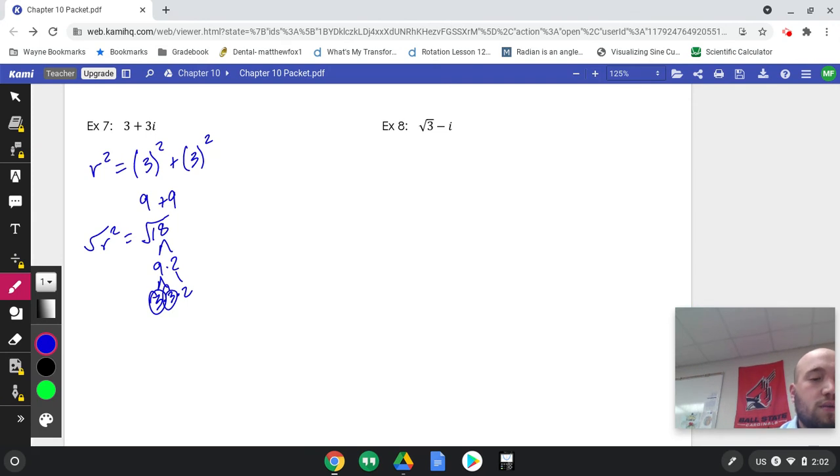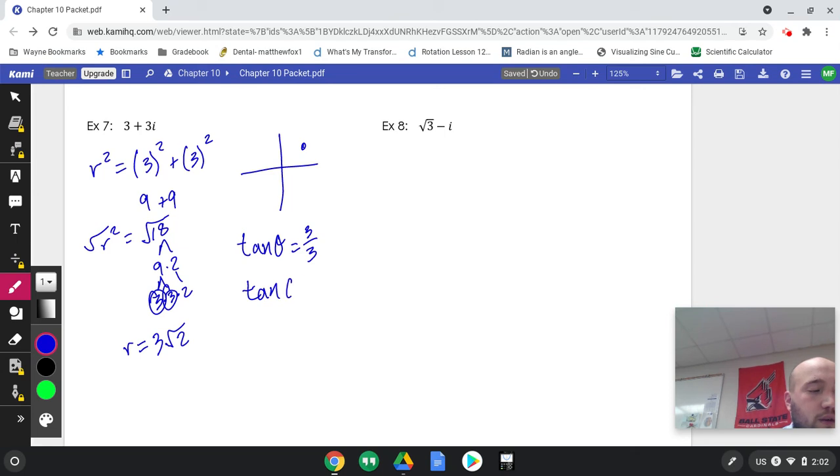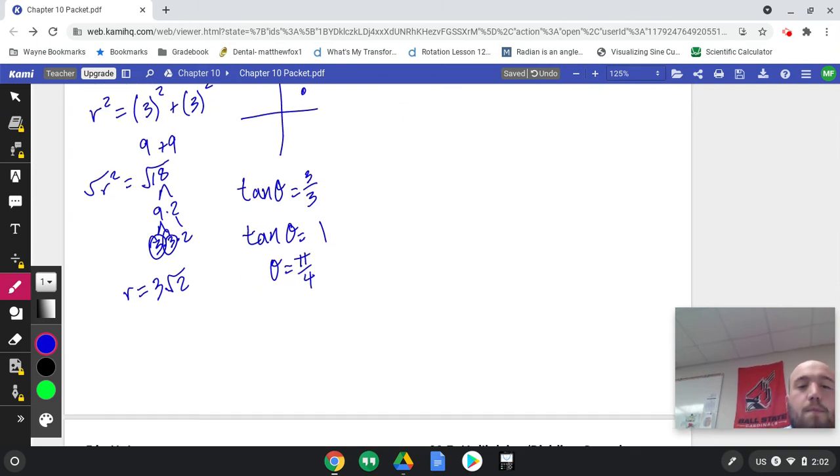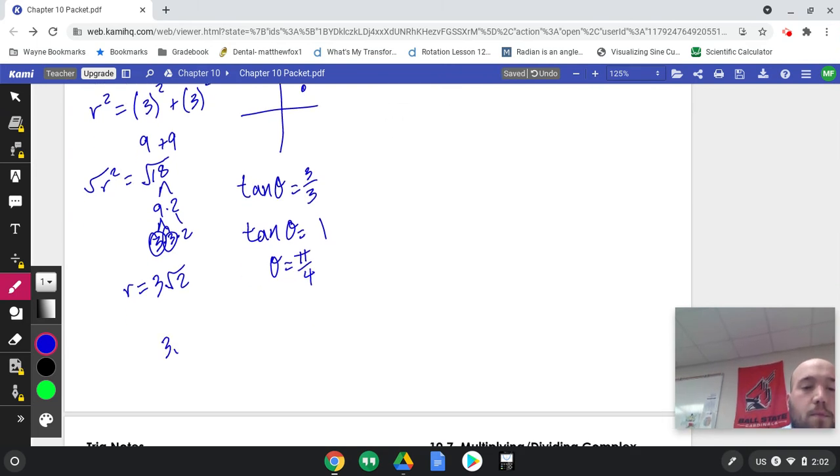Got a pair of 3's, so r will equal 3 square root of 2. Now they're both positive, so it'll be up in quadrant 1. And we know the tangent of theta will equal 3 divided by 3. So the tangent of theta will equal 1. Up there in quadrant 1, that only occurs at theta equals pi over 4. So all we got to do is write it out, and we're done.